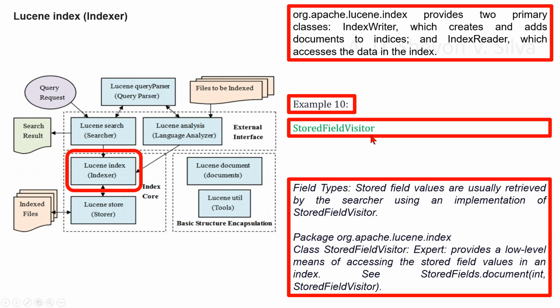Doc values fields are what are sometimes referred to as columnar or column stride fields, by analogy to relational database terminology, in which documents are considered as rows and fields as columns. Doc values fields store values per field. The value for every document is held in a single data structure, providing for rapid sequential lookup of a field given a doc ID.